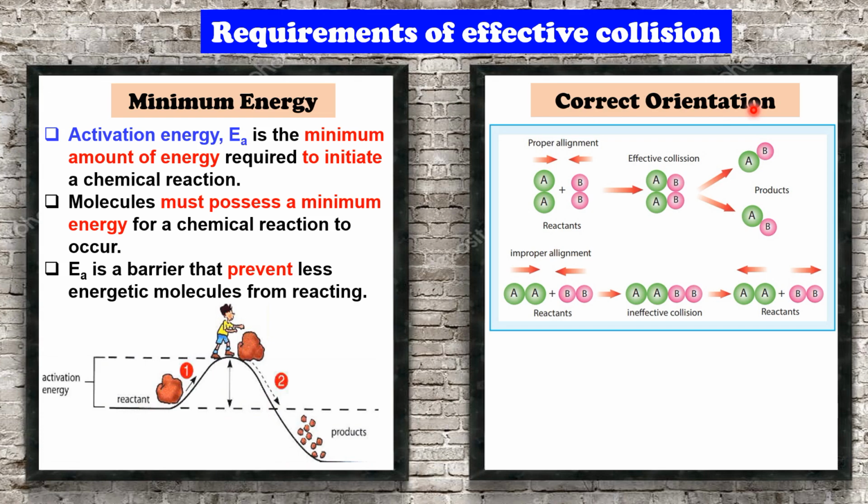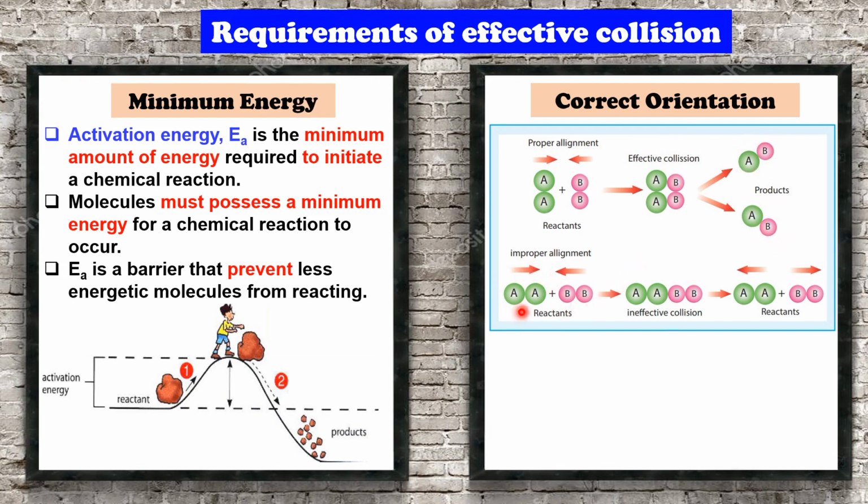Correct orientation. So let's say a reaction between molecule A and molecule B. In correct or proper alignment. Right orientation, proper alignment, correct orientation all have the same meaning. So let's say in this position, when both molecules collide, it will produce an effective collision. So in the correct orientation, it will produce an effective collision, and then it will produce products.